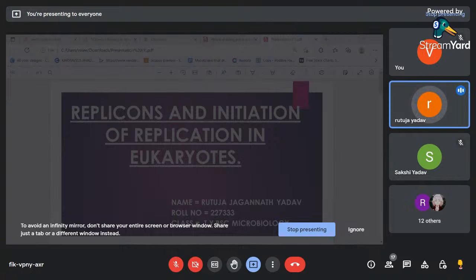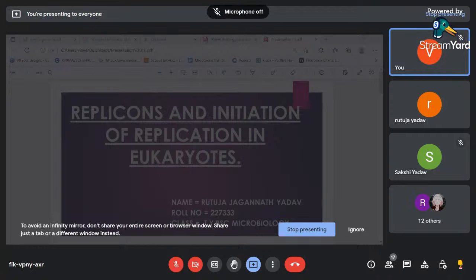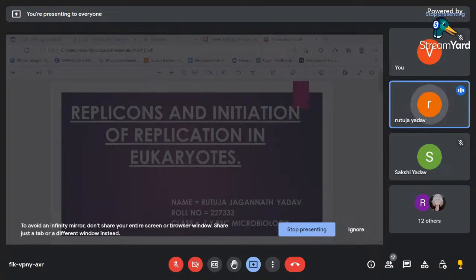ORC, origin recognition complex. Active CDK inhibits pre-RC formation until the cell again enters G1 phase. CDKs are present throughout the cell cycle except G1, and this much, sir. Regulating the cell cycle.